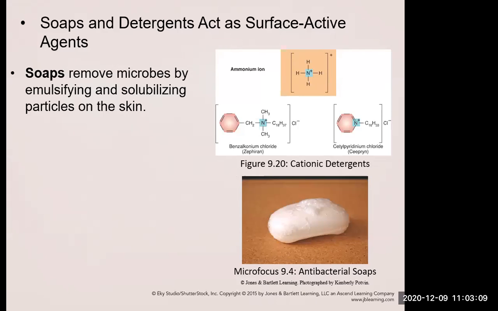It's going to put them into little enclosed particles so that they wash away off of the surface. That's what a soap is going to do. So that's why you don't just apply soap, you have to put it on and then rub it around. So you have to literally wash off the things from your skin.